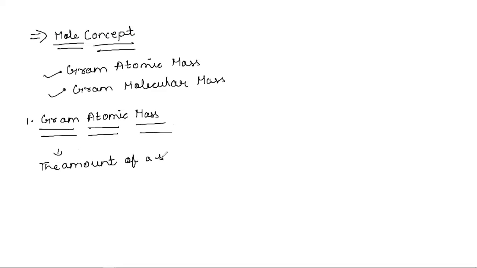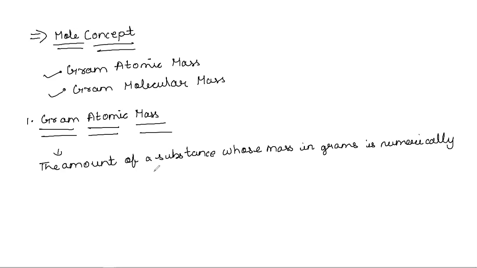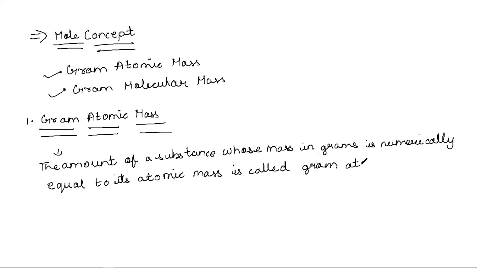The amount of a substance whose mass in grams is numerically equal to its atomic mass is called the gram atomic mass of that substance.